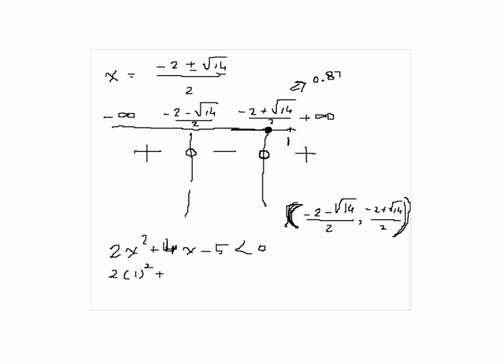okay, Christina, can you tell me what you get? So that would be 2 plus 4 minus 5. That would be 6 minus 5, which is equal to 1.